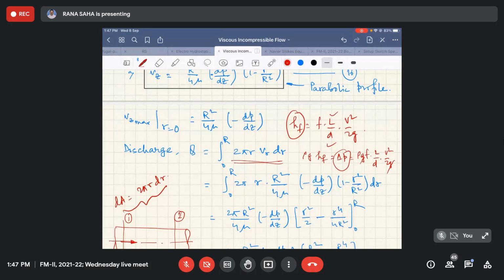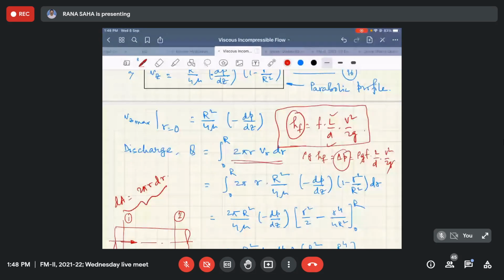isn't it? What is this HF? Can't you recall this equation? What is this equation I have written? HF is equal to FL by D V square by 2G. What is this equation?